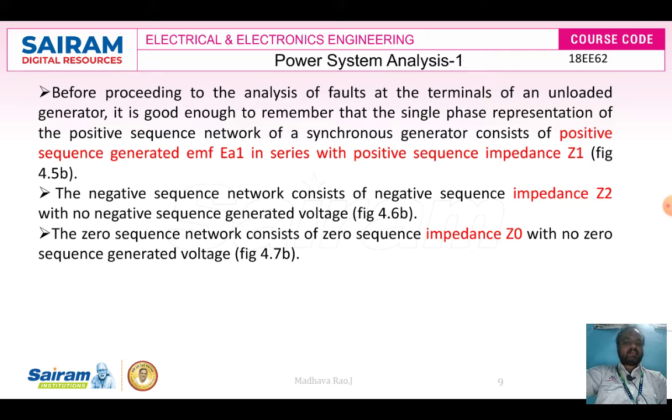Similarly, Z0 is the zero sequence impedance, and in the figure there is no zero sequence generated voltage, since the generator will have only a positive sequence generated EMF.